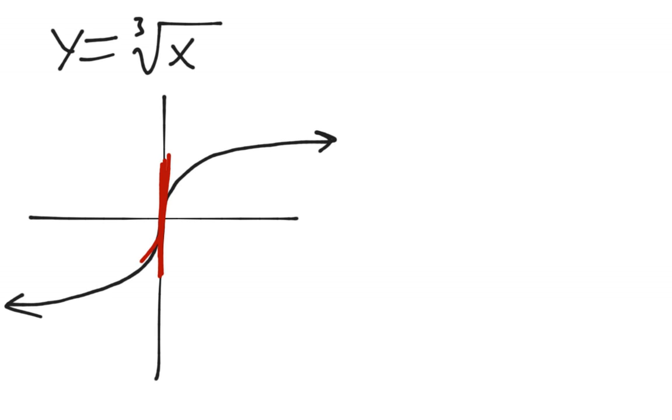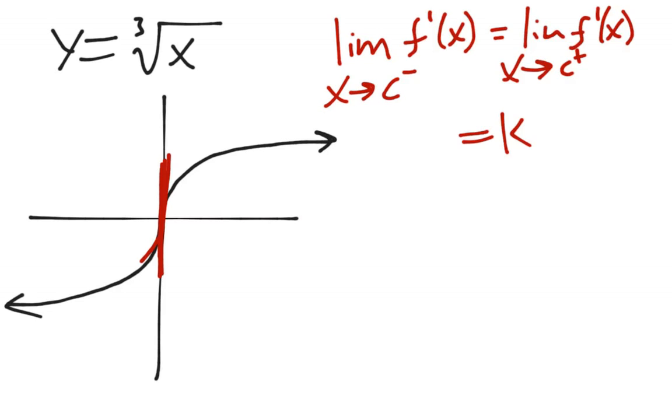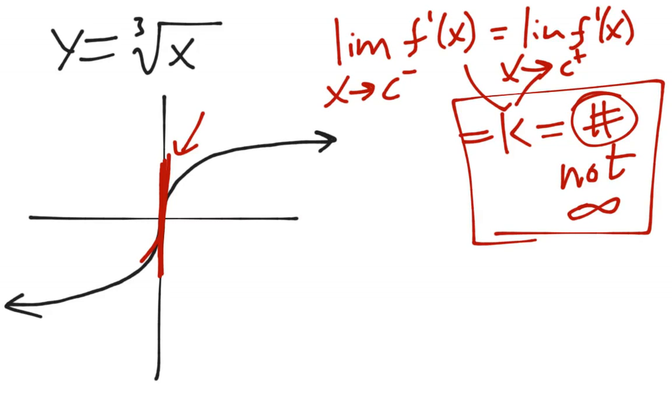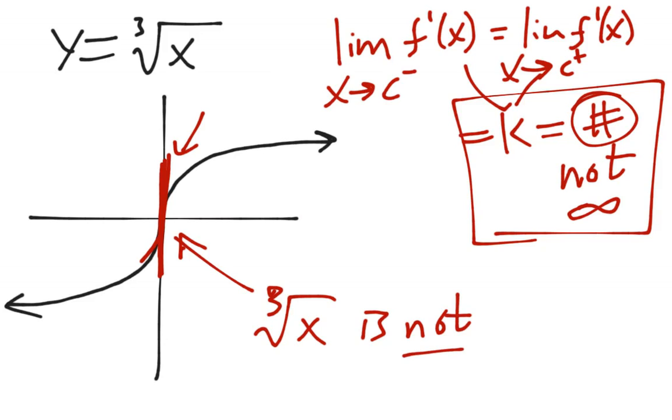You can graph that and verify that yourself, but remember with the definition of differentiability, those two limits from the left and the right of f prime had to be the same, and that number had to be a real number, not infinite. So a vertical tangent line has an infinite slope, but that's not good with our definition of differentiability. So here, the cube root of x is not differentiable.